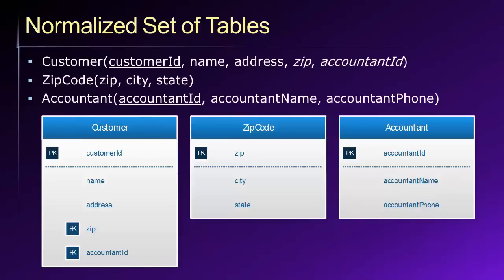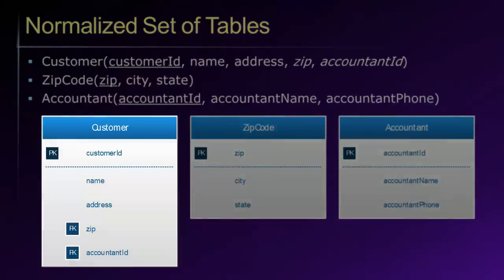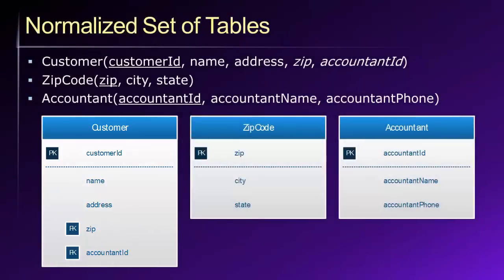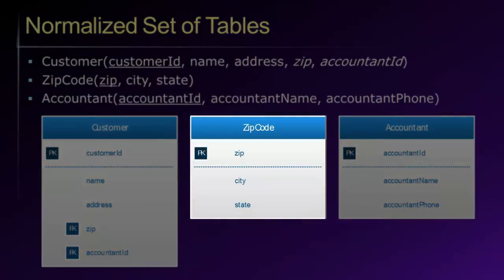Our normalized solution, then, contains three separate tables: a customer table, which contains the customer ID as a primary key, the name and address of the customer, and the zip code and accountant IDs associated with the customer as foreign key links back to their parent tables. We then have a zip code table, where zip is the primary key, and we have city and state as attributes of the zip code table.